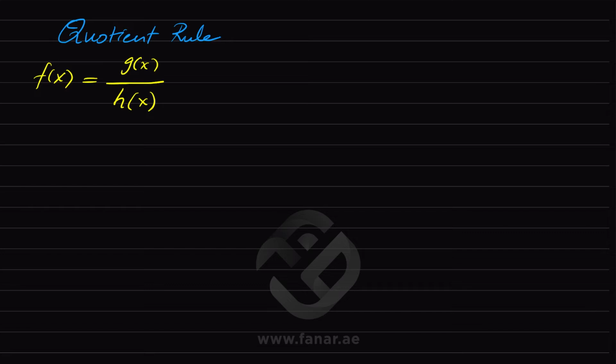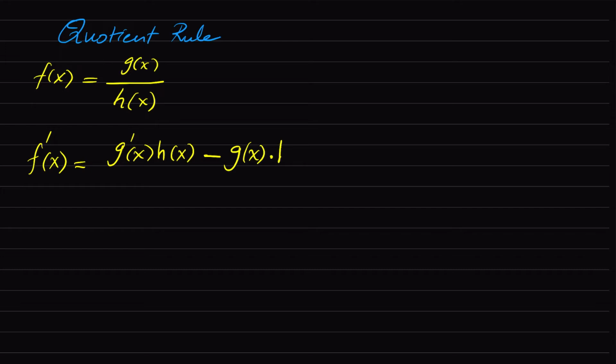Now the second rule in this lesson is called the quotient rule. If we have a function f of x, which is g of x divided by h of x, we need to find its derivative. Quotient means division, so f prime of x is equal to the derivative of the first function multiplied by the denominator without doing anything to it, minus g of x multiplied by h prime of x, over h of x, all of it squared.